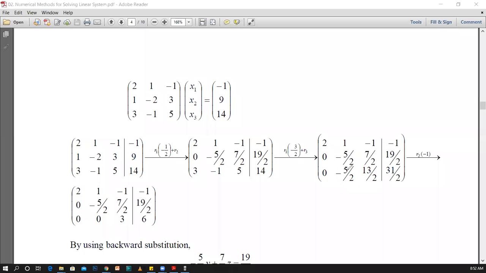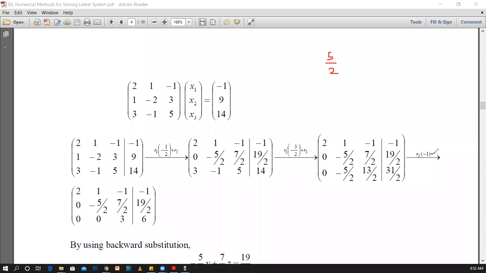If you multiply row number 2 with minus 1, this place becomes plus 5 divided by 2, and if you add those two places, then you can easily make this place 0.